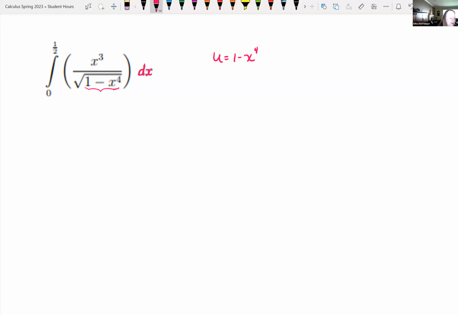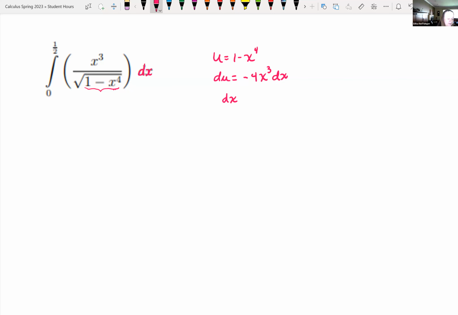And I can do this by differentiating both sides of what I chose u to be. So differentiating u, I get 1 du equals the derivative of 1 is 0, and the derivative of negative x to the 4th is negative 4x cubed dx. So let's get dx by itself.